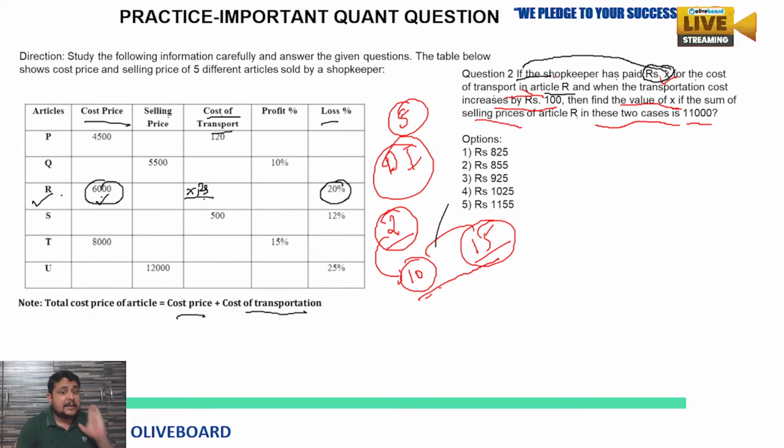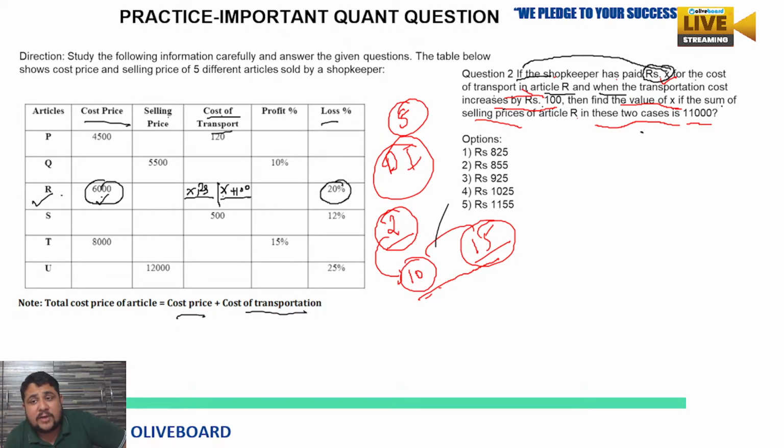What I am explaining, listen to it carefully. Now see, when the transportation cost increases, it is X rupees, but in another case, when the transportation cost increases by 100 rupees, it becomes X plus 100.